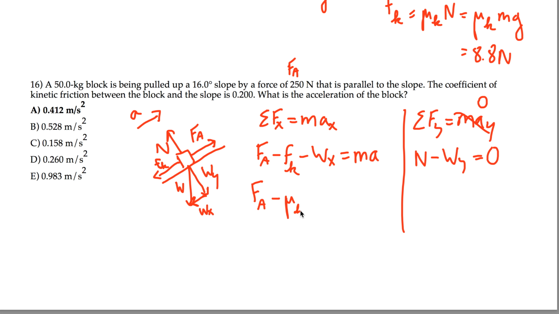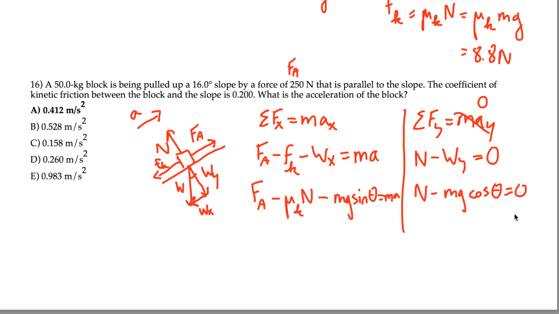The friction force is μk times N. The x component of the weight is opposite that angle that's given, so it uses sine, mg sine θ. That's equal to ma. And then here we have the normal force minus mg cosine θ, because the y component is adjacent, is equal to 0. So that's really all you have to worry about.